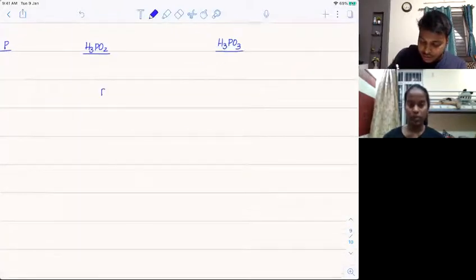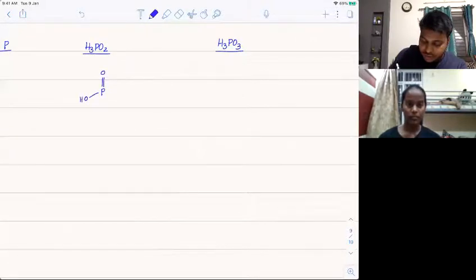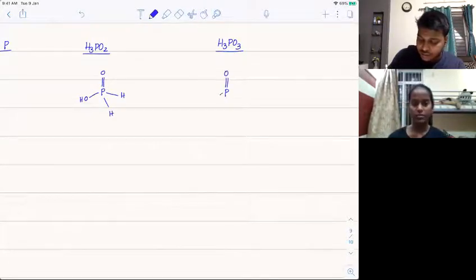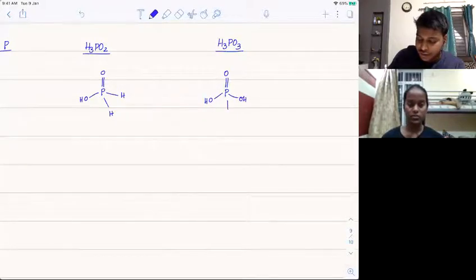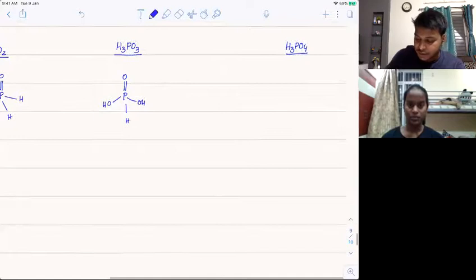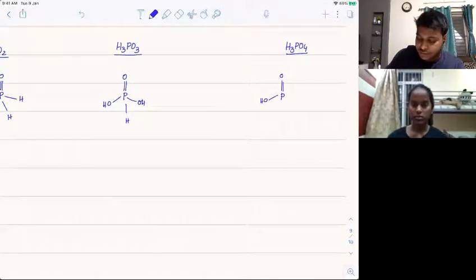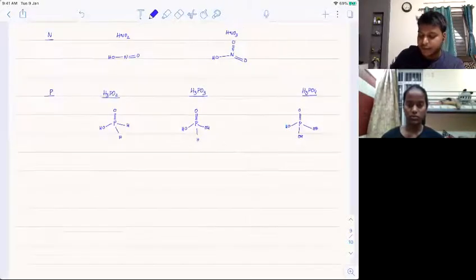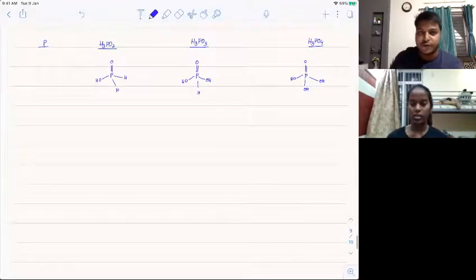Structure-wise, H3PO2 is P double bond O, one OH, and the other two are H and H. Similarly, H3PO3 is P double bond O, OH, OH, and H. H3PO4 is P double bond O, OH, OH, and OH. These are the structures of phosphorus acids.